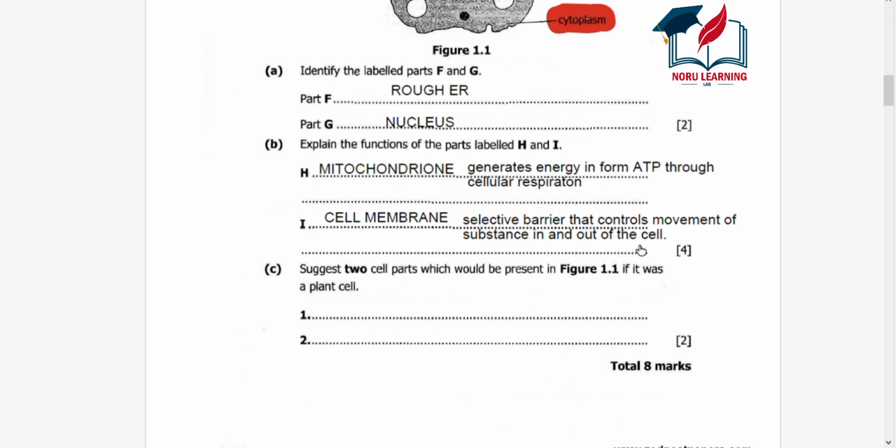What I provided, you can add on for the cell membrane to say it also provides structure, protection, and also acts as a communication channel. With mitochondria also, you can talk about how it is involved in cell death, like I mentioned, the process called apoptosis.